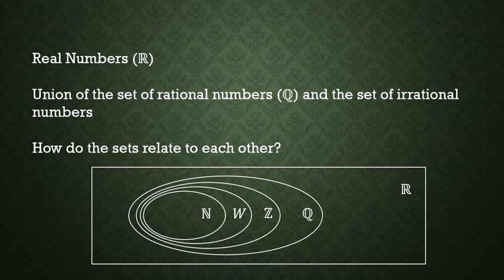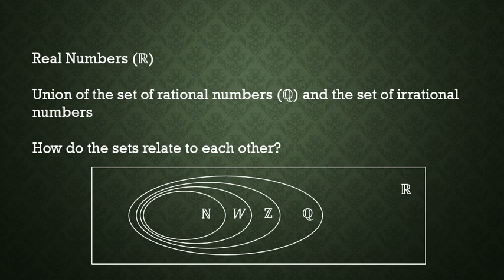Every integer, every guy in the set Z, can be written as a rational number. The denominator of that fraction would just be 1. So Z is actually a subset of the set of rational numbers.